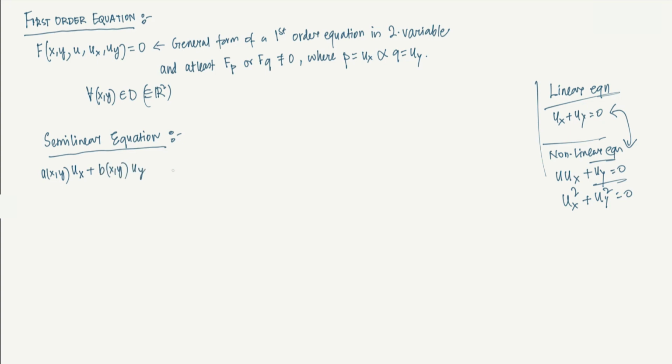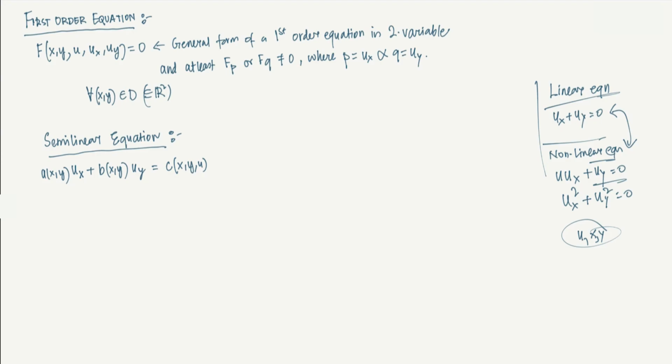With respect to the derivatives of u, this should always be linear. But with respect to the other part, the part which contains u, x, y, it can be non-linear. So this should look like this: c of x, y and u. Now c is an arbitrary function. If you have this sort of form, we call such an equation a semi-linear equation.